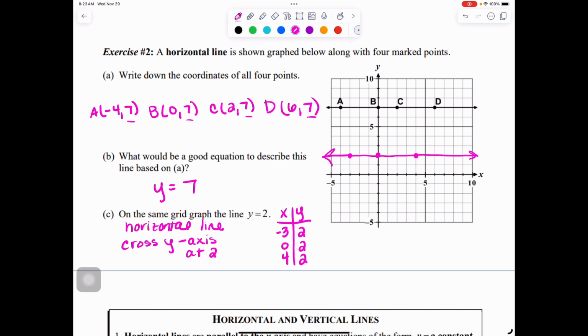The last thing we need on our picture is just the equation, y equals 2, to represent that on our graph. This way, we were looking at lines that were already graphed to figure out what their equations were, and now we see a brief introduction into how we should graph them.